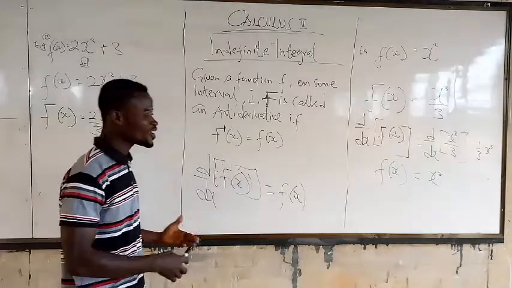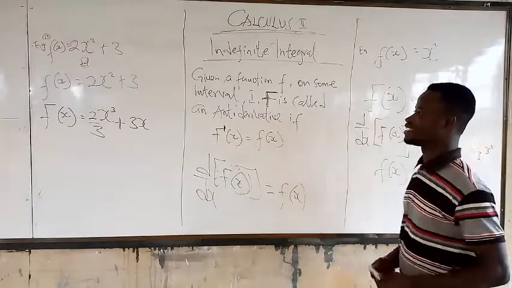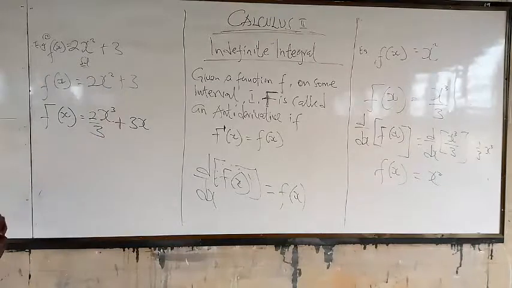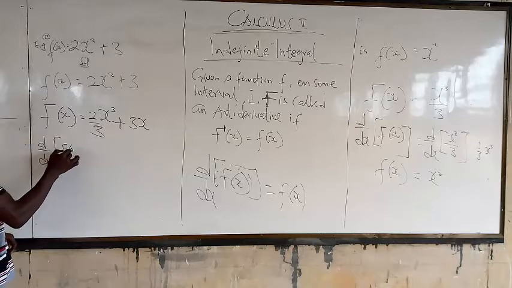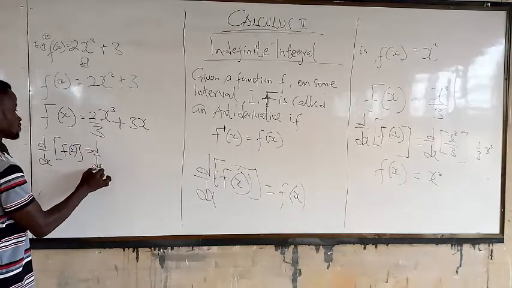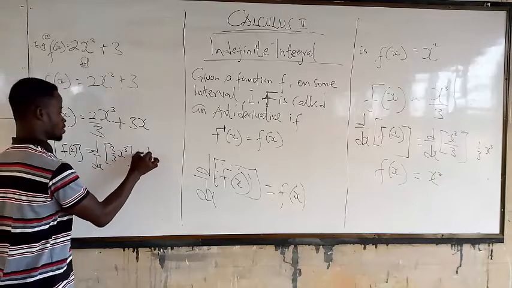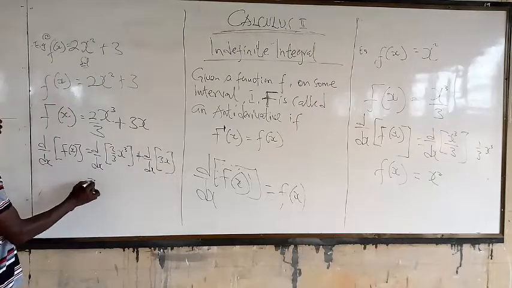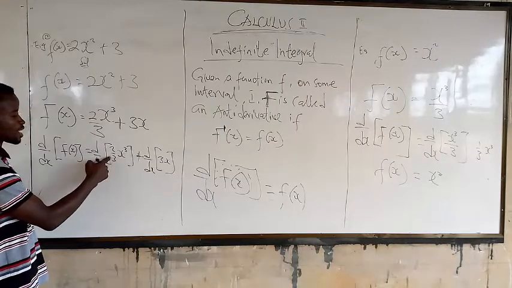What we are going to do here is the same as what we did here. So now, let's differentiate both sides. So when we differentiate this with respect to s, then we differentiate this. It's going to give you, in differentiation, the power times the coefficient.